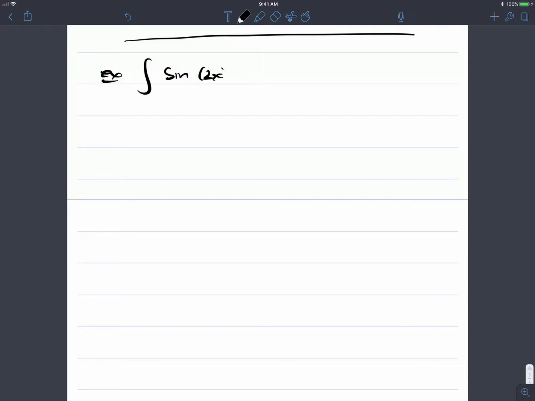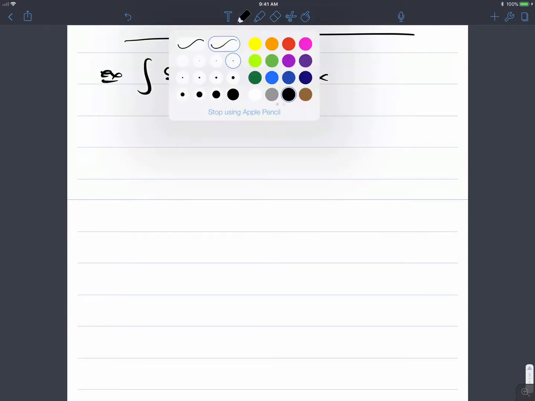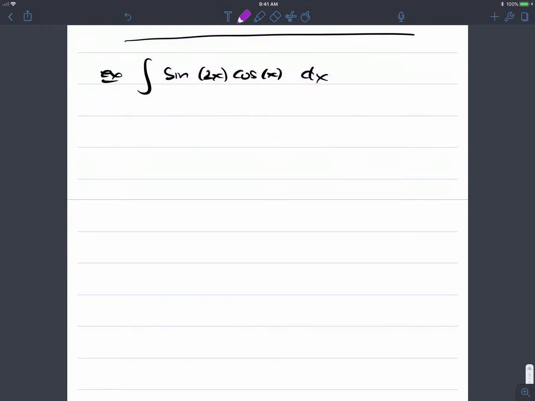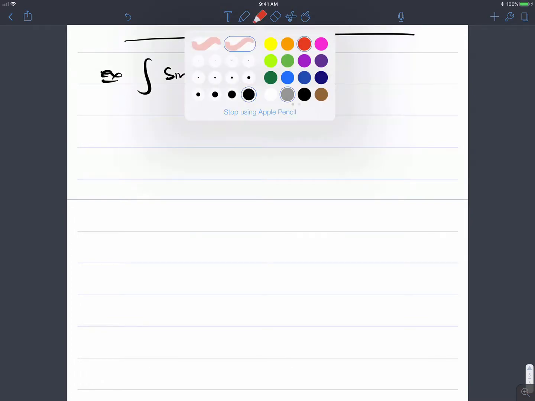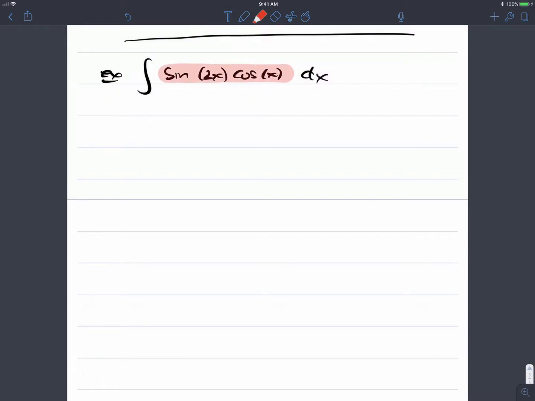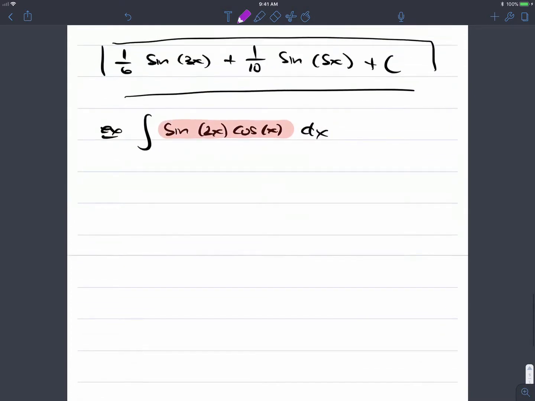So you have sine 2x and just cosine x dx. Okay, so we got sine 2x, cosine x, and we're going to look at that third product-to-sum formula because we have here again a product. We have to write that as a sum.